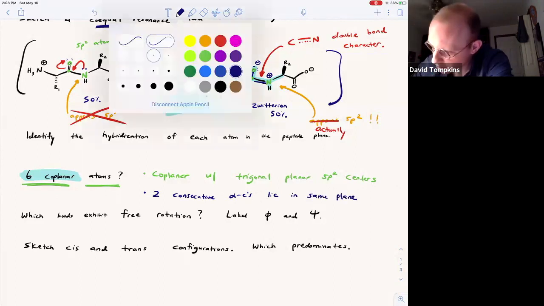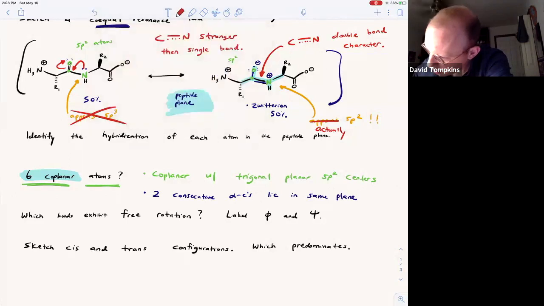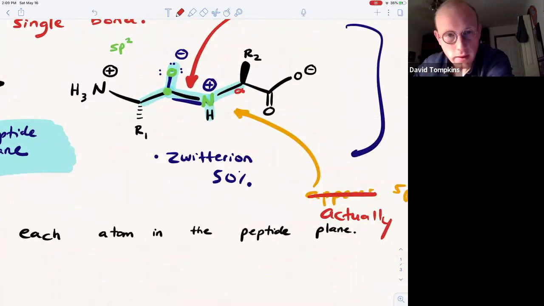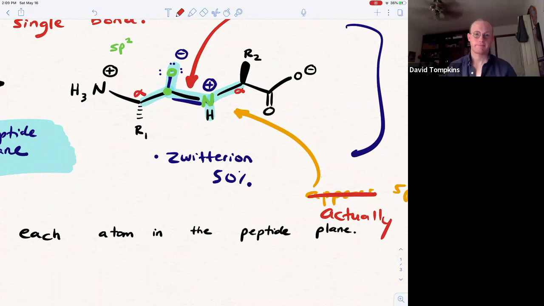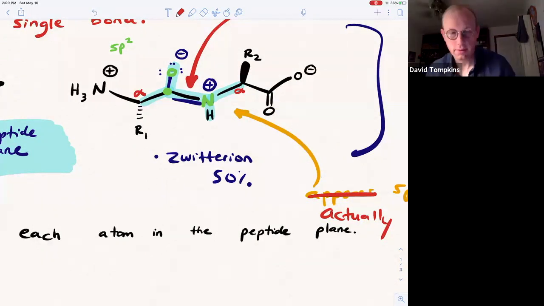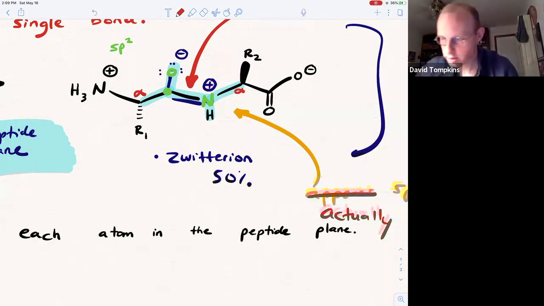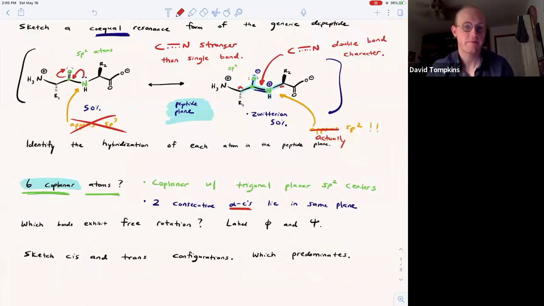Those alpha carbons are here and here. Beyond that, you can't say that alpha carbons 1 and 3 are in the same plane, but you can say that 2 and 3 are, and 1 and 2 are. So any 2 consecutive alpha carbons are coplanar because of this zwitterionic resonance form.